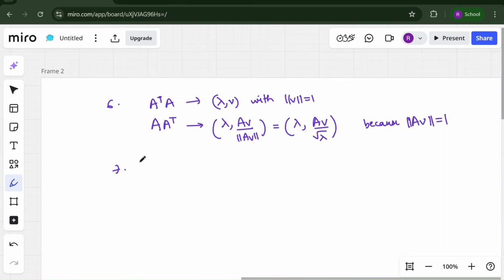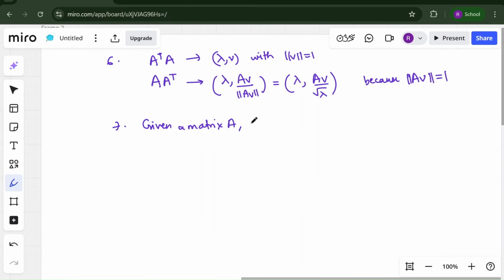What else do you need to know? Also, you need to know how to compute eigenvalues. Given a matrix A, you must know how to compute eigenvalues, and you can use determinant of A minus lambda I equal to 0 and then solve for lambda.